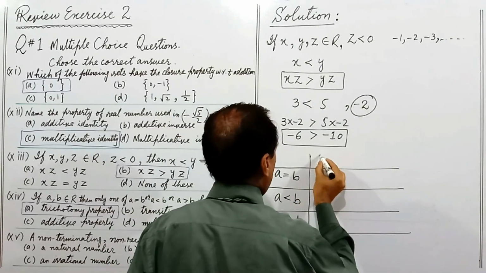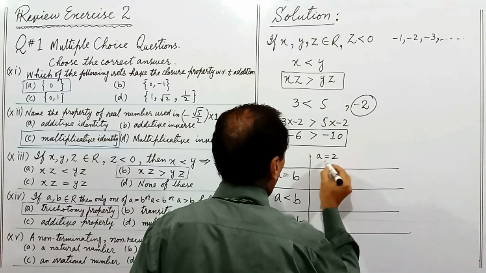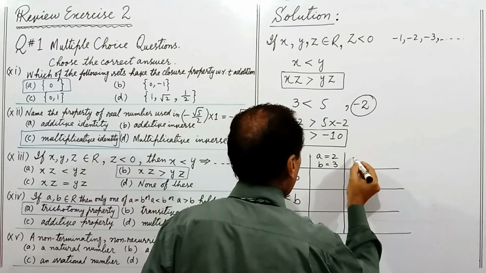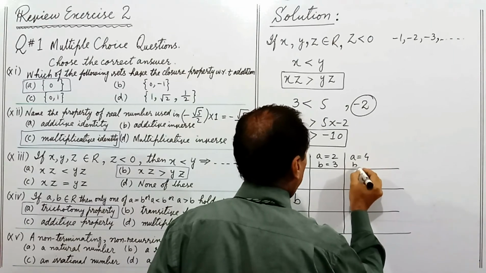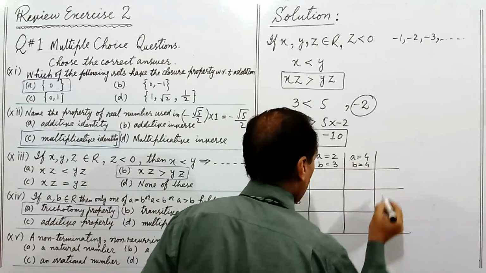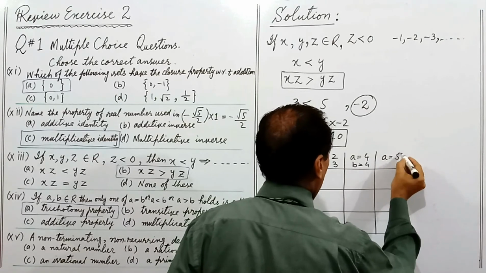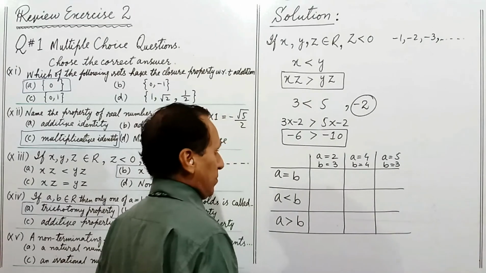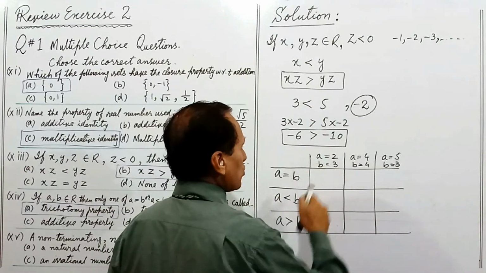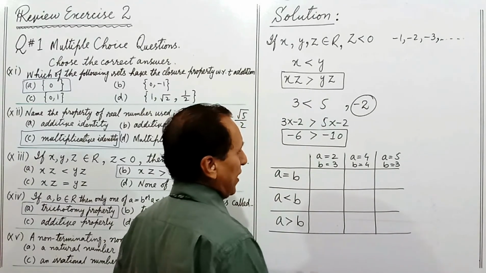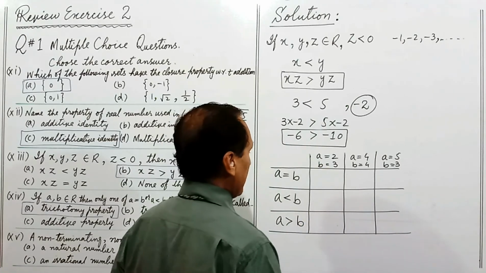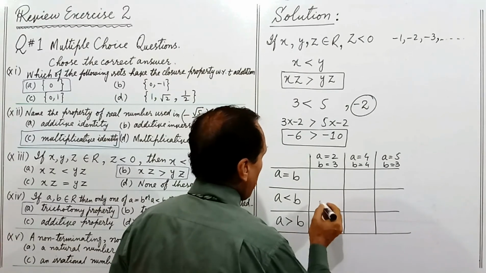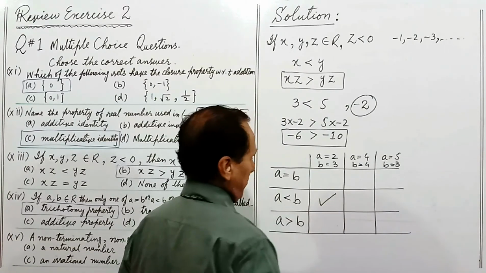So we have a is equal to 2, b is equal to 3; a is equal to 4, b is equal to 4; and a is equal to 5, b is equal to 3. Now we compare. For a is equal to 2, b is equal to 3, we simply observe that the value of a is less than b. So the right option for this is a is less than b.